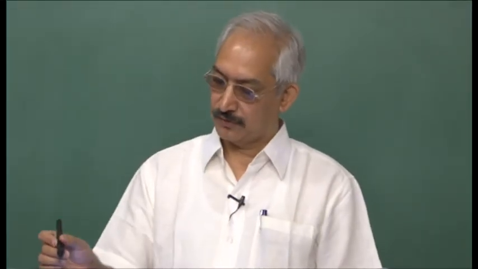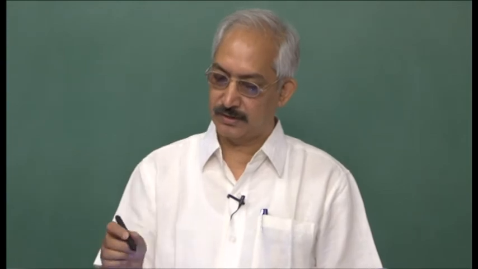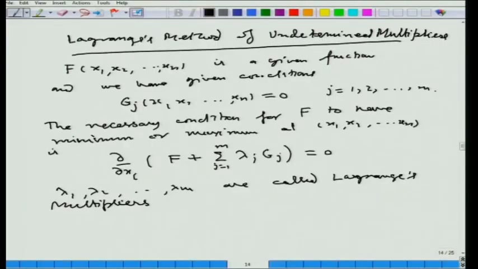So, when we want to find the points of minimum or maxima of this function f, where these m conditions are given, these are to be satisfied by the points where f attains minima or maxima.